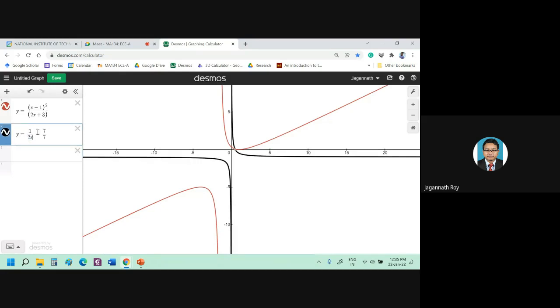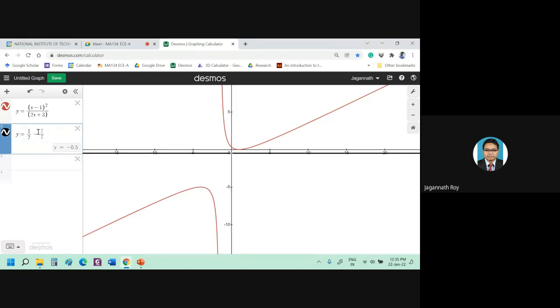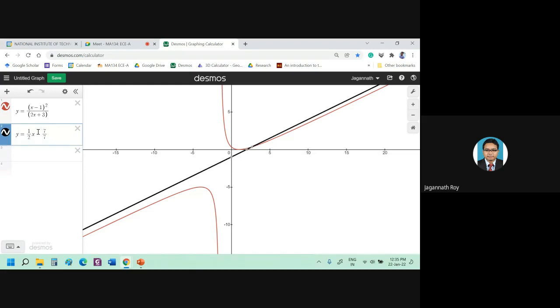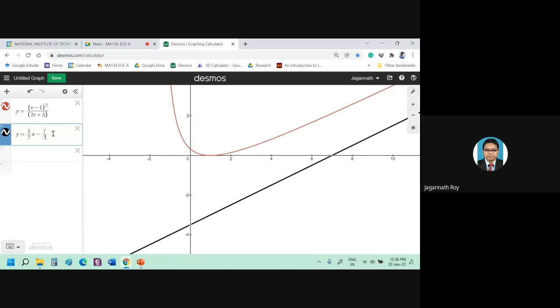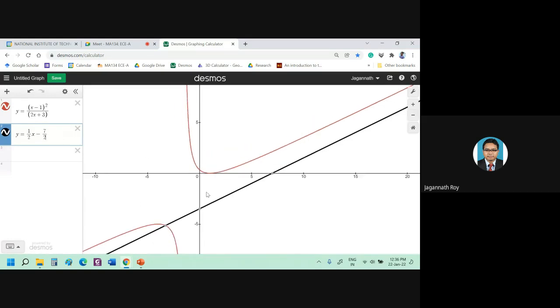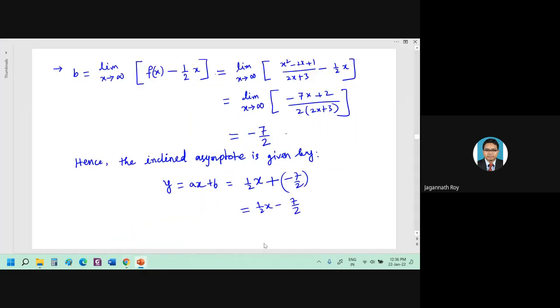There is a mistake. Half of x, not 2x. This is not supposed to be 7/2. No, what is it? So 7/4. Yeah, let me just correct. 7/4. Yes. So this is 7/4.